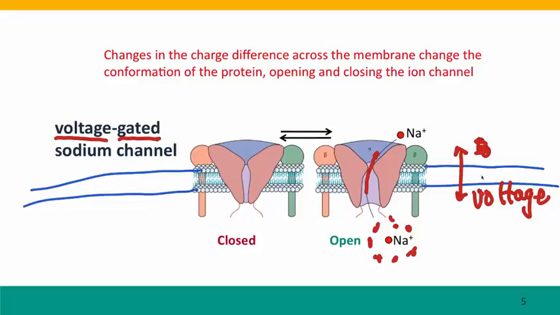And when that difference reaches a particularly high level, that triggers the channel to open, allowing the sodium ions to move from one side to the other. This has the effect of changing the voltage difference across the membrane. Once they've moved across, the voltage difference has dropped, the channel closes. Other cellular processes then regenerate the voltage across the membrane, triggering the channel to open again. This is how nerve impulses work, and its regulatory effects change the conformation of the channel that lets the ions cross the membrane.